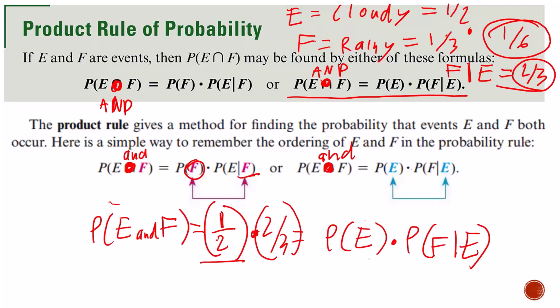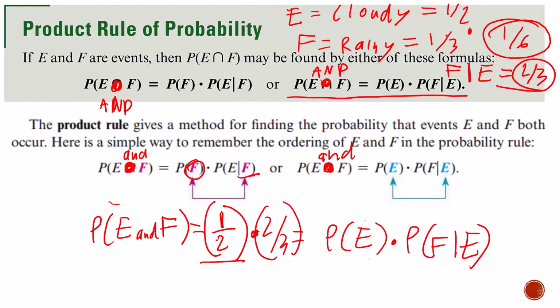So Regina's asking, how is this the same thing as this? So this is the probability of E and F, and we're going to do some more examples with this. Say it's raining and it's cloudy at the same time, right? Well, I would want to know, what portion of the days are cloudy?